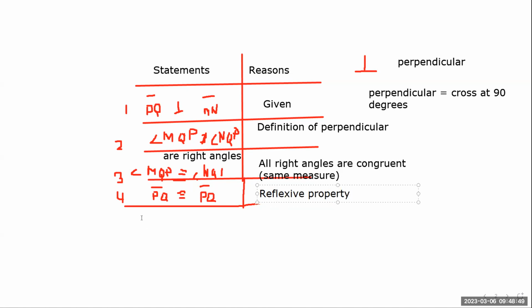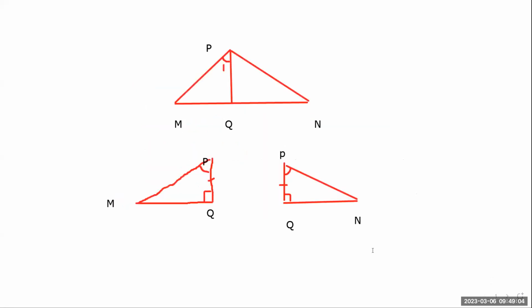And therefore, you've got two angles and a side between them, as I showed you here. Two angles and a side between them. So now you can say that the triangle on the left is congruent to the triangle on the right by angle, side, angle.